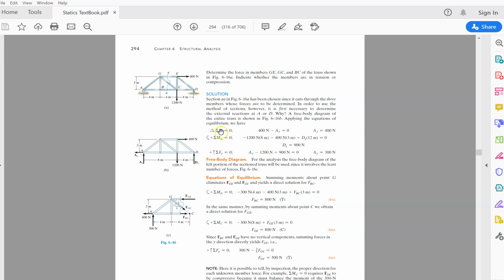The first step is, like in this example, they're given fx equals 0. So we have fx 400 and then we have the AX, which means AX is 400. Direction is correct, that's why you get a positive answer. Next, you take moment at A. So when you take moment at A, 8 times 1200, and then dy times 12, and then we have 400 times 300.